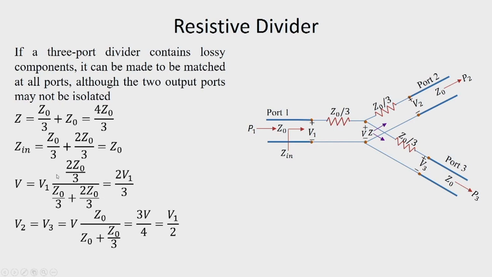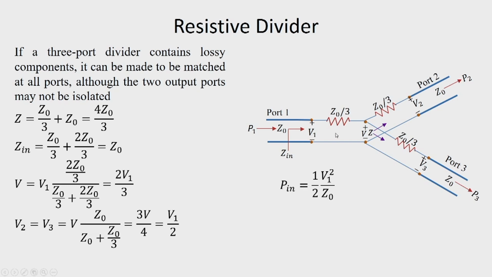Now, we can find out the power. So, P in is half V1 square by Z naught. This is the input power, and we have already said that the power divider is matched at its input port.